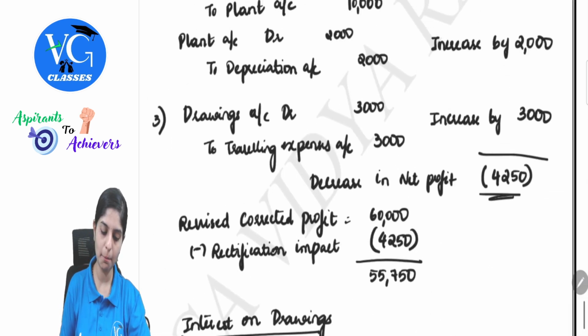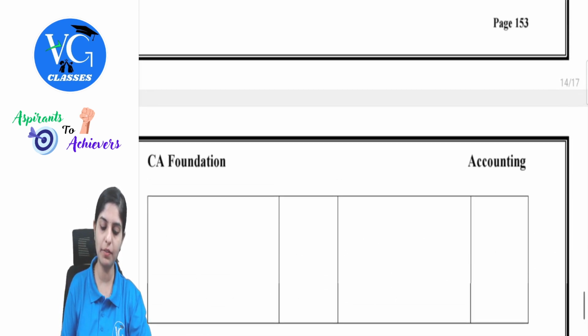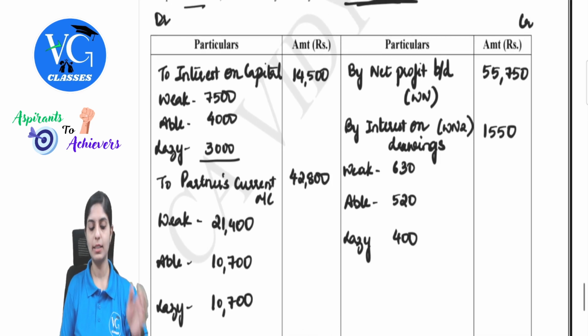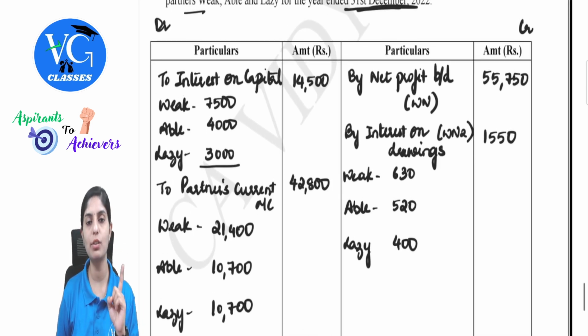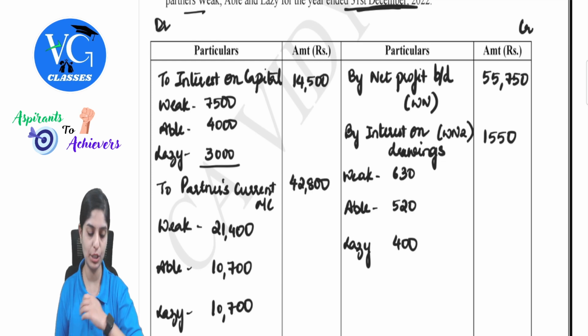So here what we have done, we have just brought down the balances. Now let's consider the impact of calculations, whatever we have done in P&L appropriation. See, in P&L appropriation, interest on capital is debited. So this interest on capital also will be reflected in the current account, because when capital is maintained on fixed capital basis, no other entries will happen with respect to interest calculation.